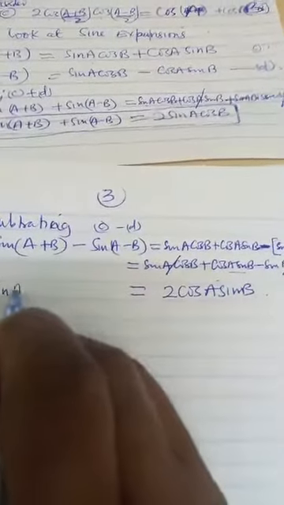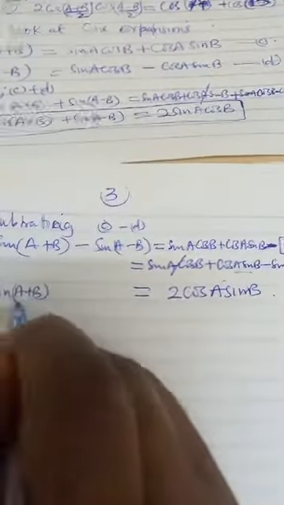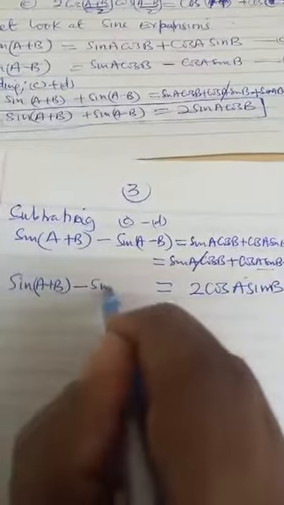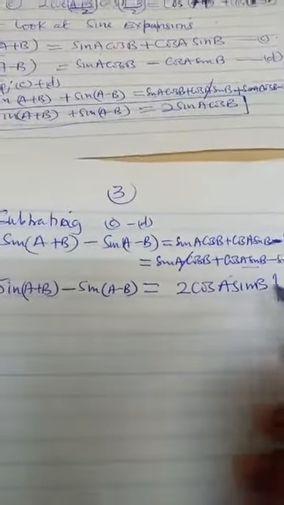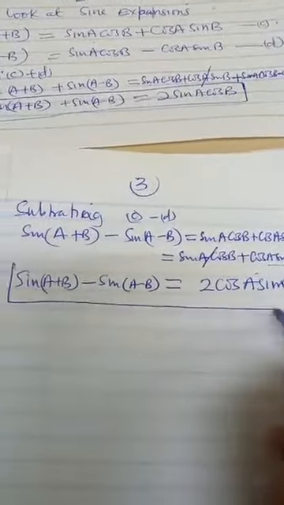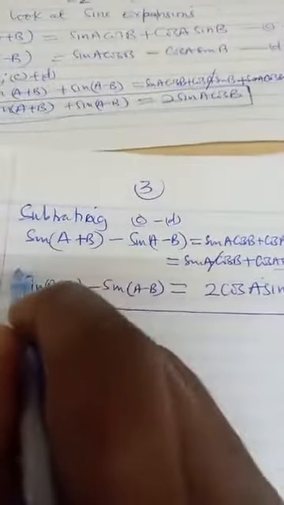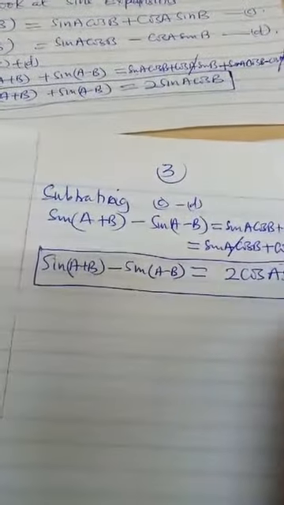And this means that we are saying that our sine of A plus B minus the sine of A minus B is equal to that. It gives us that expression as a factor formula.